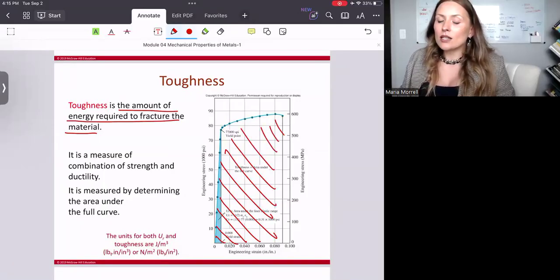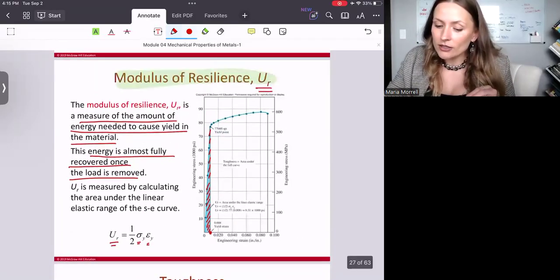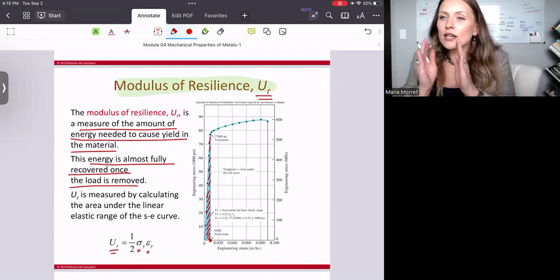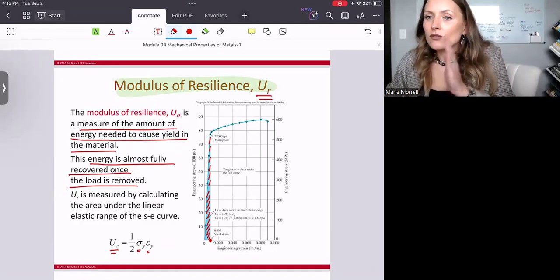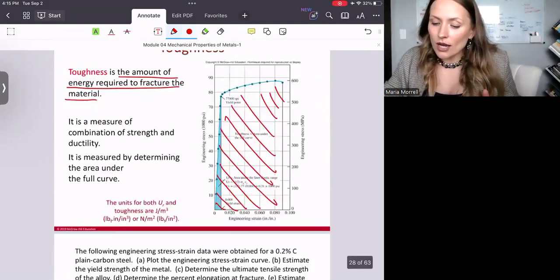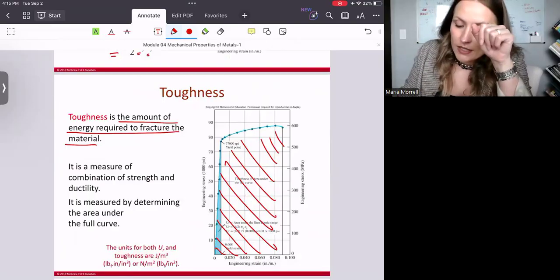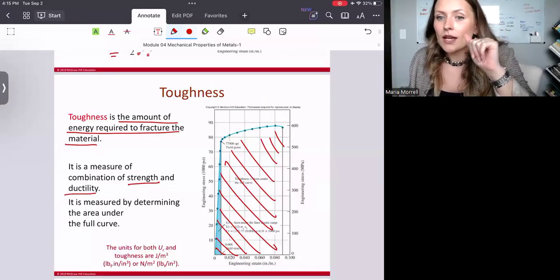So that means it would also include this little triangle that you saw before, which is the modulus of resilience, the energy that allows you to yield the material, right? The rest of the area we added allows us to estimate the toughness, right? So that means that the toughness is a measure of a combination of both strength and ductility, right?